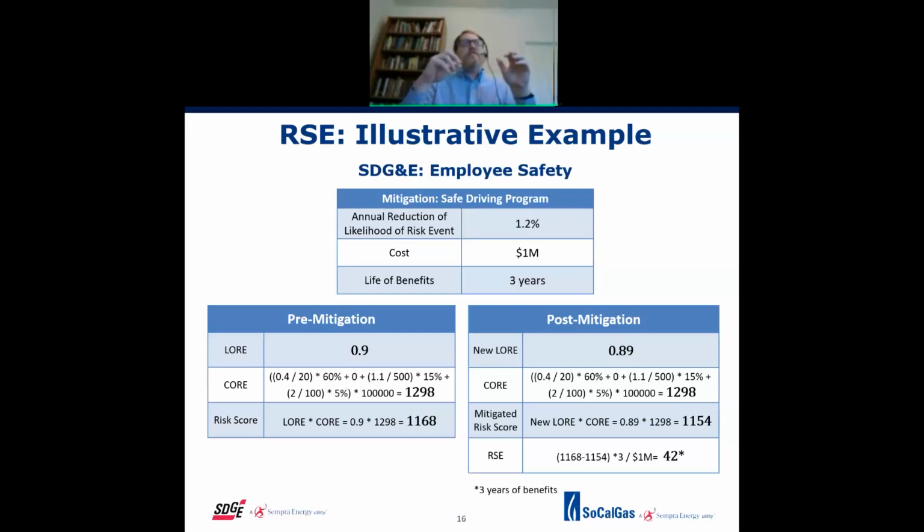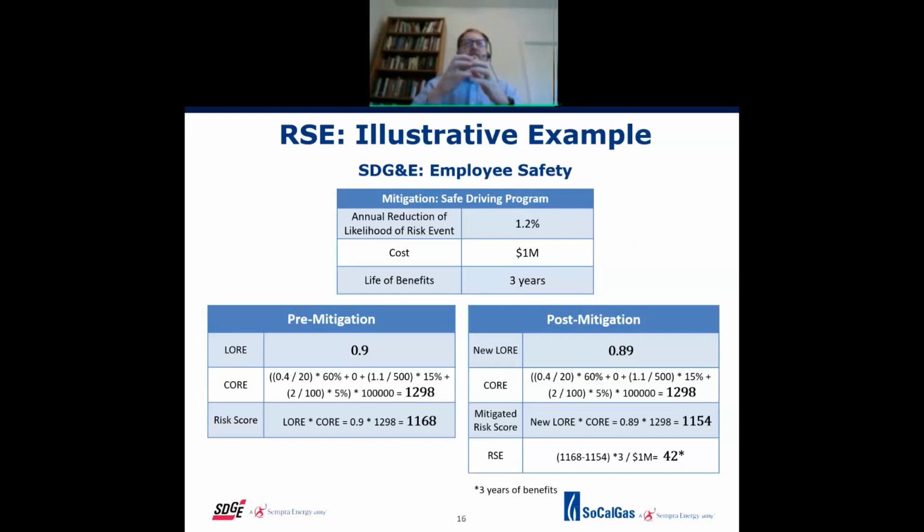You could think of it as we believe there's certain aspects to employee safety that are due to driving. And then there's certain aspects of driving that can be improved through the safe driving program. So using some sort of analysis, because this is illustrative, we're not going to go into it, but imagine we said, well, we think if we did this driving program, employee safety events would be reduced by 1.2% per year.